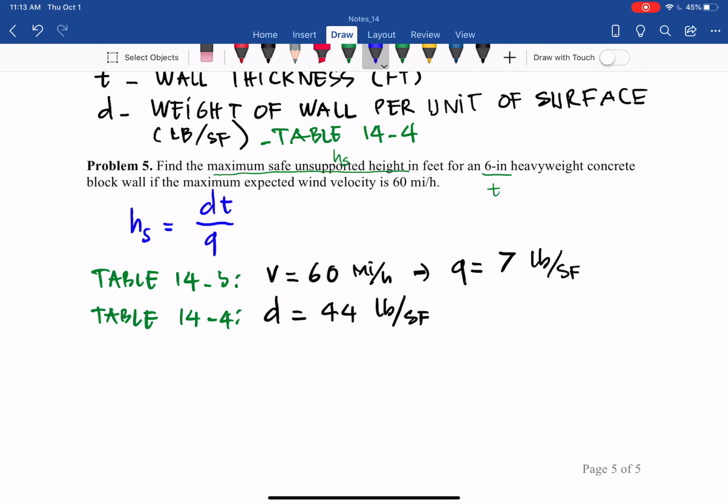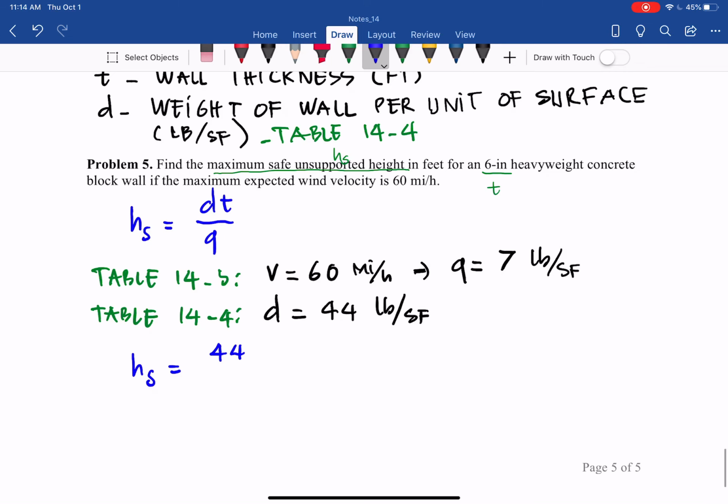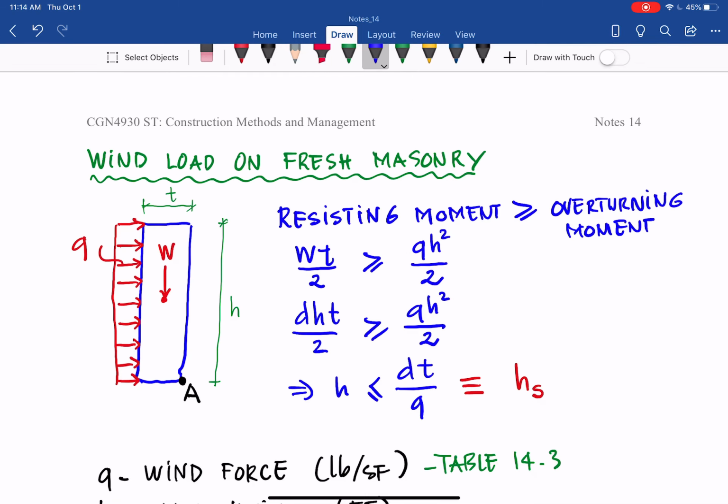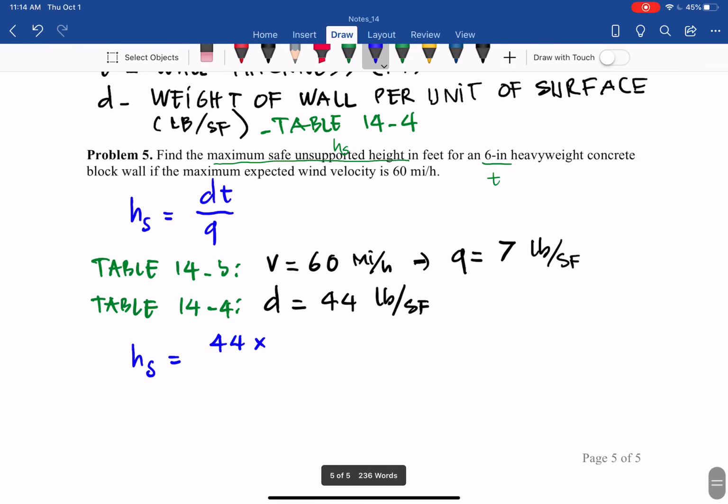So plug in. We have the maximum safe unsupported height for the fresh masonry, without collapsing when you lay the bricks. To plug in, we have d, 44, times t. We have to convert 6 inches by dividing by 12, a unit conversion.